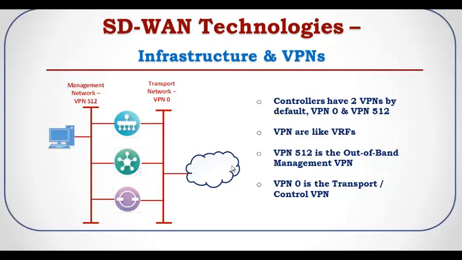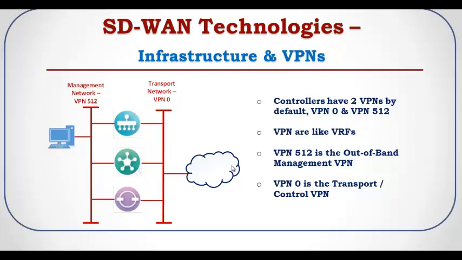It is called in band when it is between the edge devices. When you are telnetting between the edge devices, then it is in band, meaning it is going through the SD-WAN VPNs.